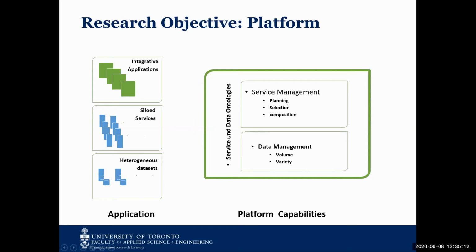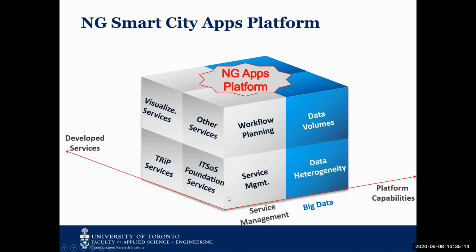You can go to the next slide, please. So in this platform, we've developed two things basically on those two dimensions that you see at the bottom. We've developed those capabilities for the service management and for the data management, and those you can find on the right.